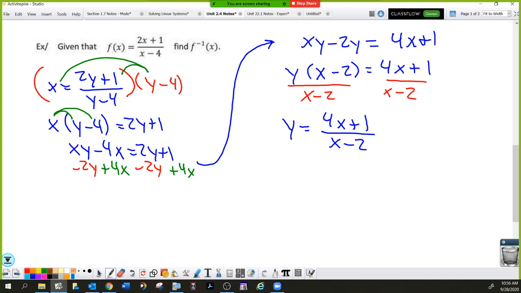Now let's see who's got big brains. What is the range of f inverse? Michael, can you say that again, please?